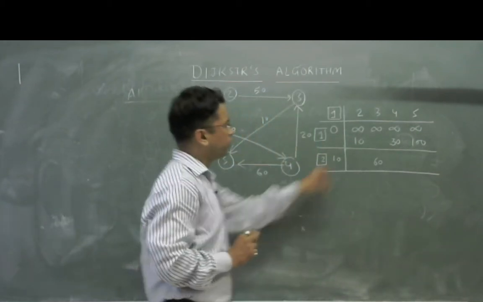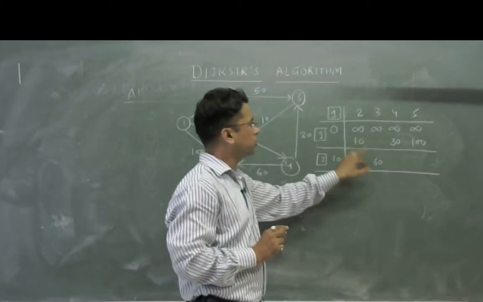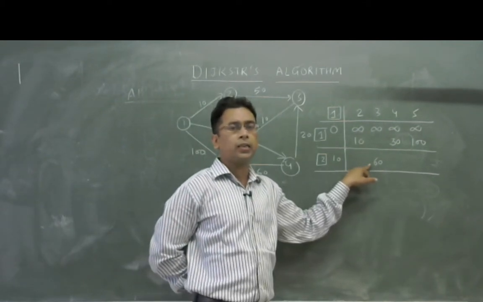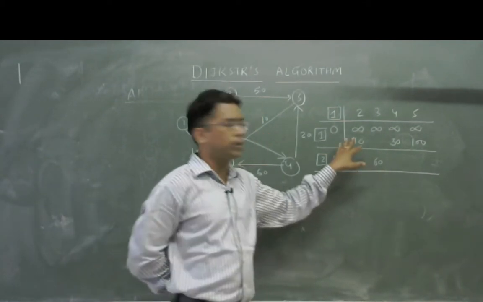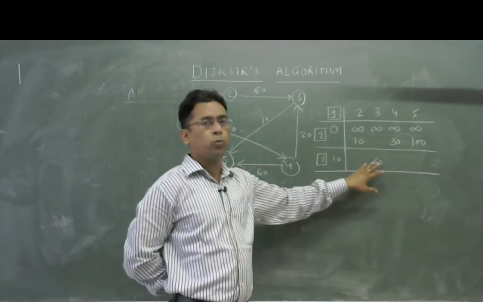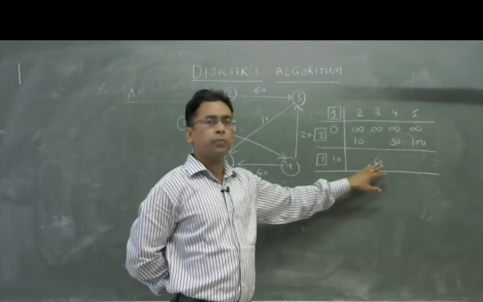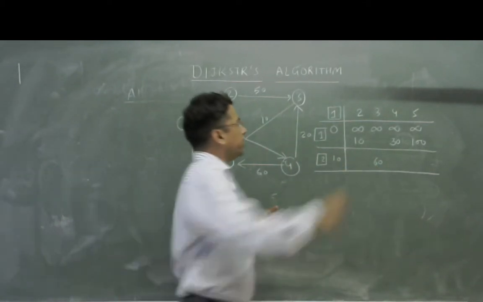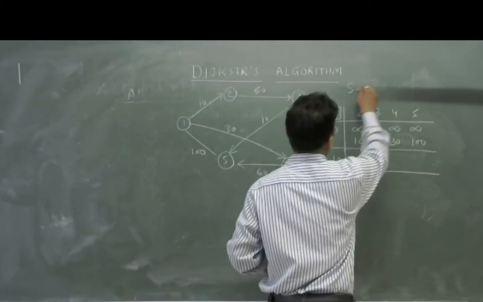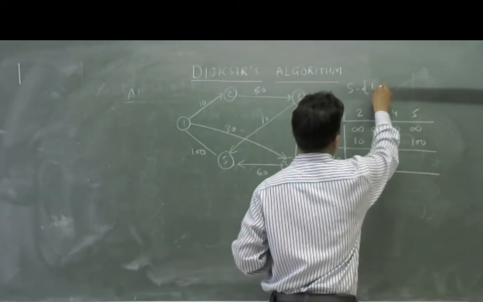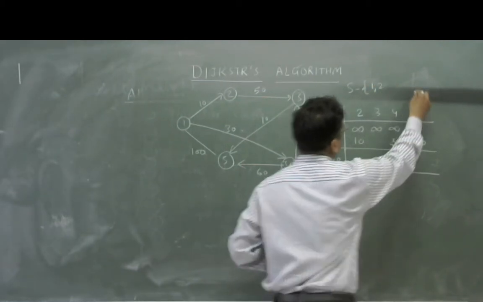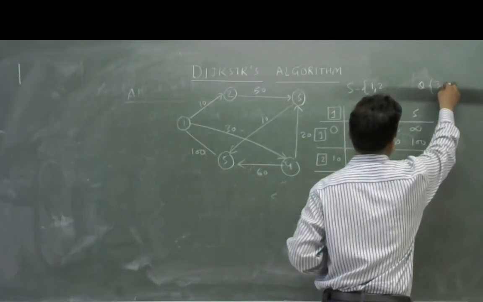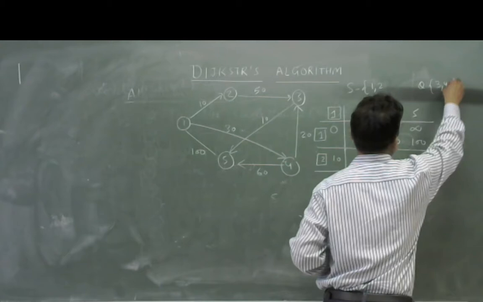After that, we shall find out among these values what is the next node that is not in the set, and what are the nodes that are left in the set Q which can be used for further relaxation. There is a set S, there is a set Q. In set S, now we have two elements 1, 2, and in set Q there are three elements 3, 4, 5.